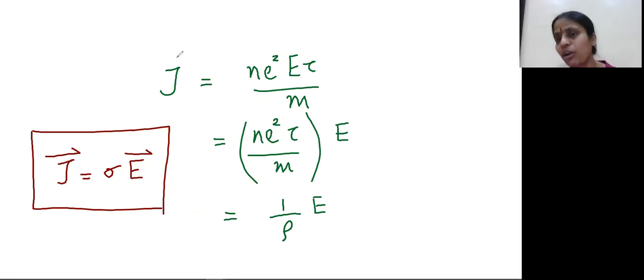So this was a short class and a very short lecture for you, where we recalled Ohm's law, we derived Ohm's law, we wrote R and rho in terms of relaxation time, and then we derived the relationship between J, sigma, and E. Is that clear? So I will see you in the next class.